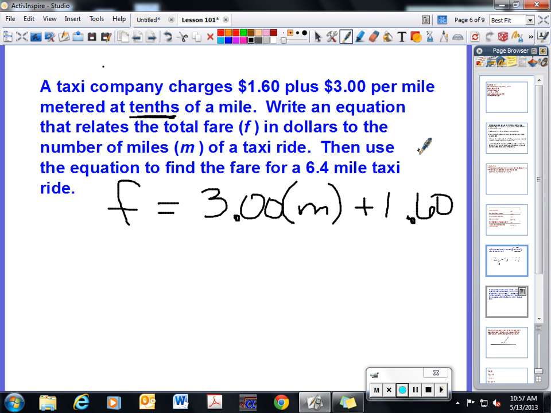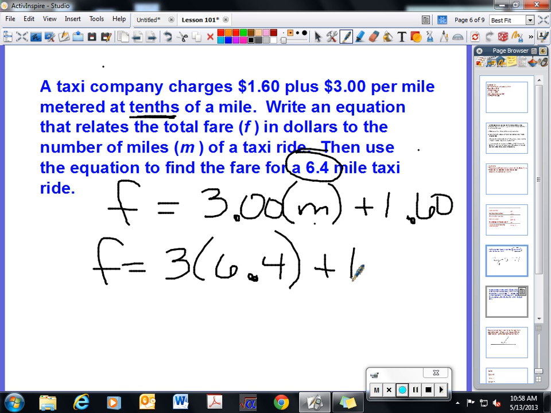Then, you can see we have 2 letters, so they want us to replace m with 6.4. So we'll do a little substitution here. We've got 3 times 6.4 plus the $1.60. I'm sorry, we would take 3 times 6.4, which is $19.20, and then we would add the $1.60 to that.